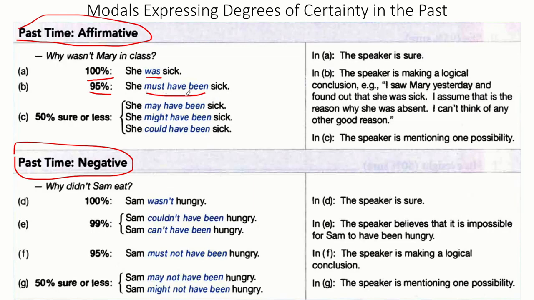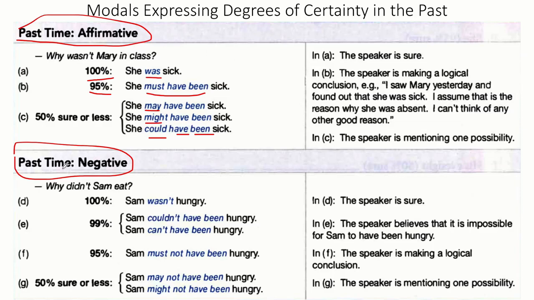She must have been sick in the past. And when there's a lot of doubt going on in our mind and heart, we are 50% sure or less, we use may, might, and could, and we use the auxiliary have been with it. This is how we can use modals for degrees of certainty in the past affirmative form.